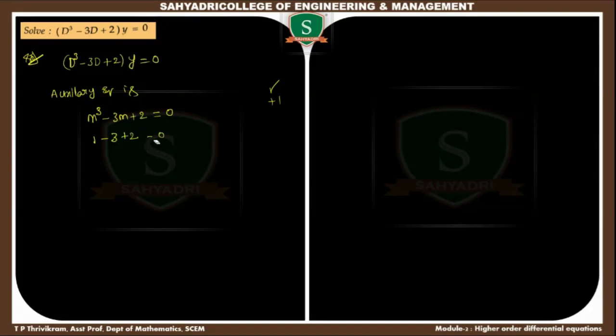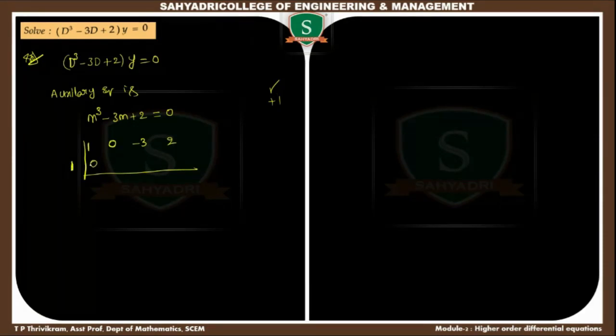After checking this root, first write the coefficients of all these in order. M cube coefficient is 1. M square coefficient is 0. We don't have that term, so you have to put 0 here. Next, m coefficient is minus 3. Next, constant term is 2. We got m equal to plus 1, so write that 1 here.